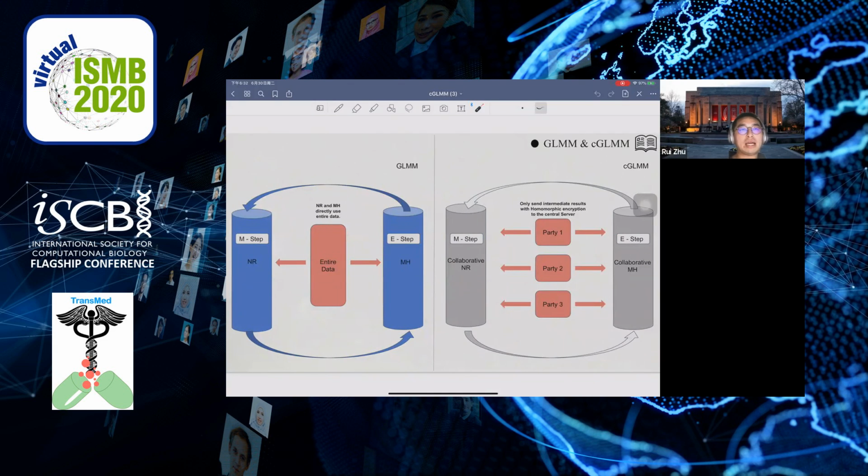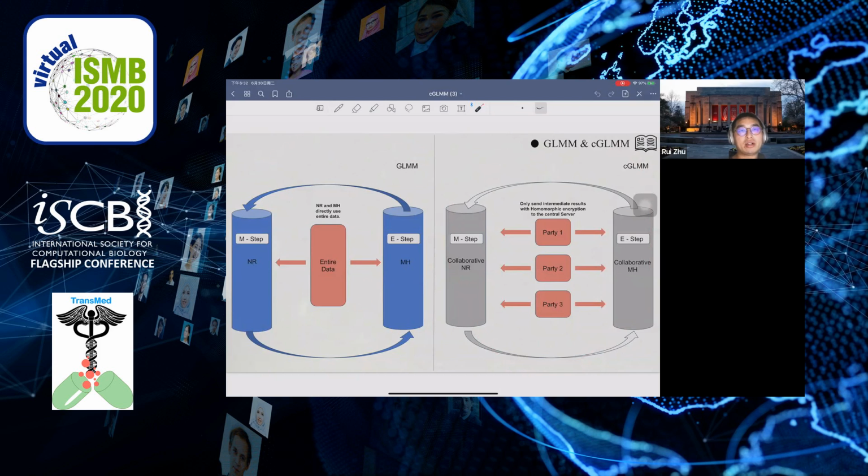We call this new collaborative method collaborative generalized linear mixed model, or just CGLMM. The big picture of CGLMM is like this. So the right-hand side is a CGLMM compared with the left-hand side, the GLMM.